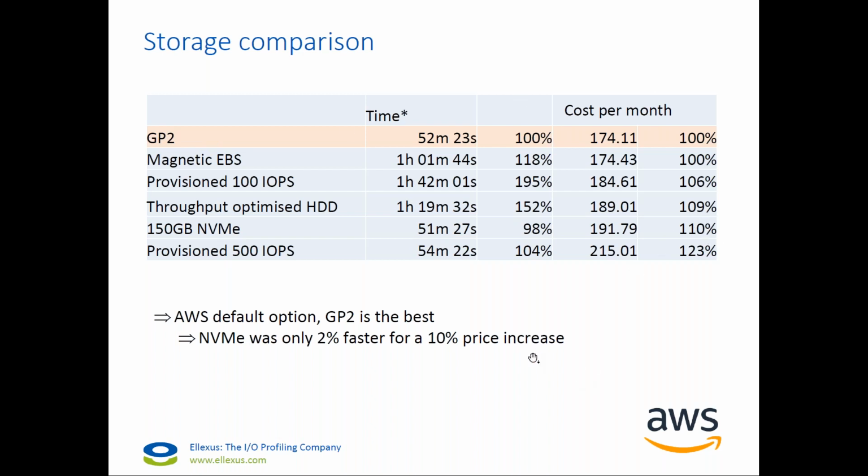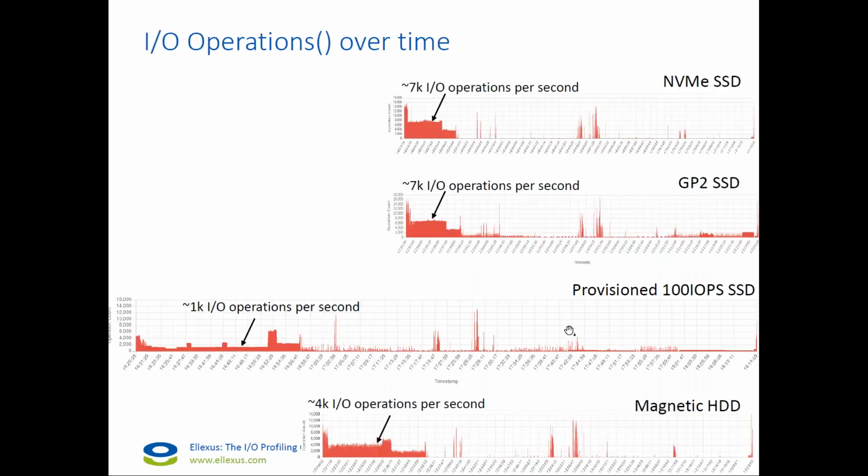So actually the default option on AWS was the best. It's still a solid state drive, so still very high performance. So we're still looking at a very IO intensive application. All the other types of storage just didn't have the IOPS to cope with that. But by not requiring NVMe, that's already a noticeable improvement on a very big project.